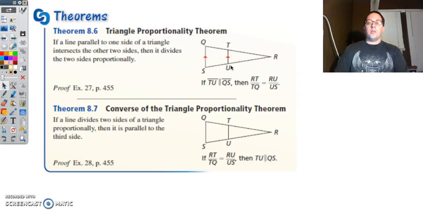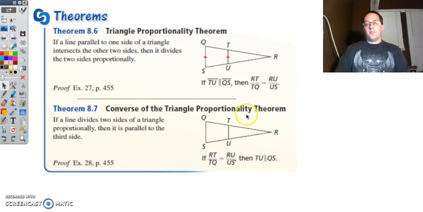But what's different is that instead of saying QR is proportional to TR because they're similar triangles, this actually says that QT and SU are proportional to TR and UR. So not only are the entire sides proportional, but also these pieces of the sides are proportional. And that's useful for finding little missing pieces instead of just finding the whole side.